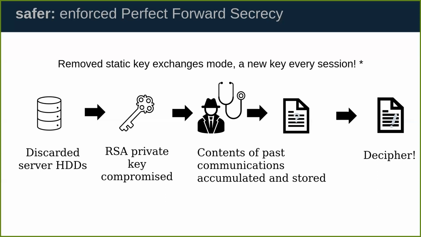An attacker gets access to these discarded servers, and this way, for example, the RSA private key is compromised, and the attacker has been storing the contents of past communications. Since the communications are all based on static key exchanges, with just that one RSA private key, they can decipher all past communications.